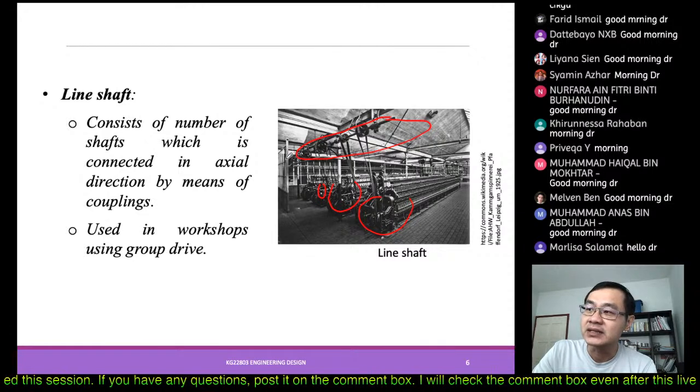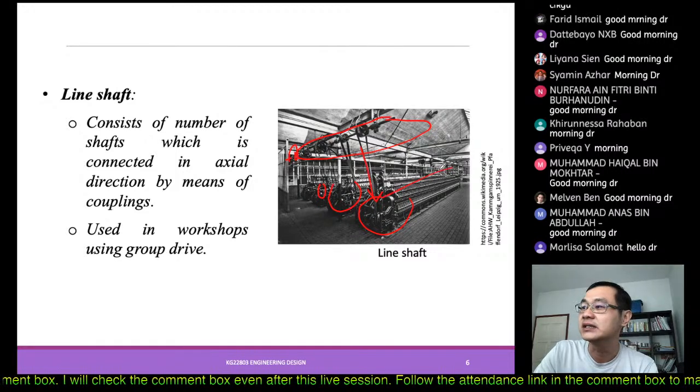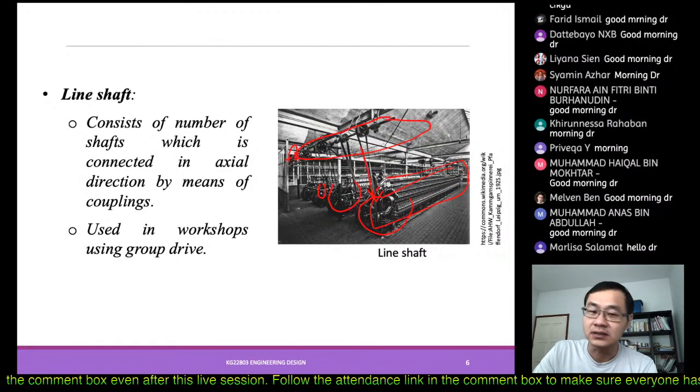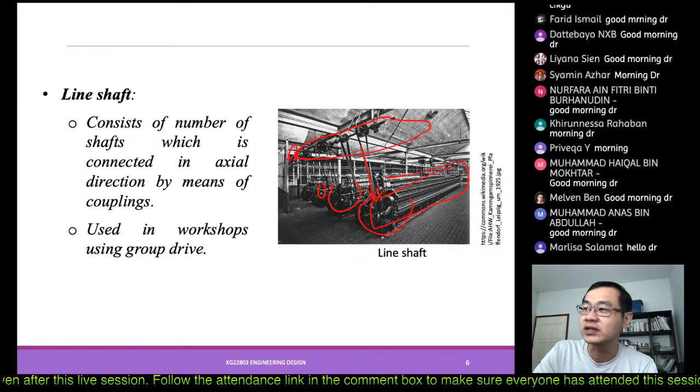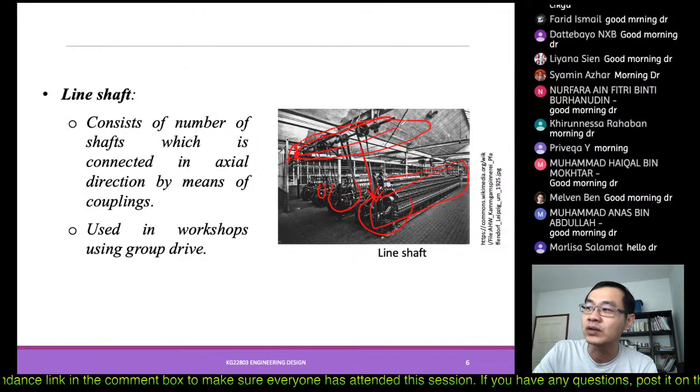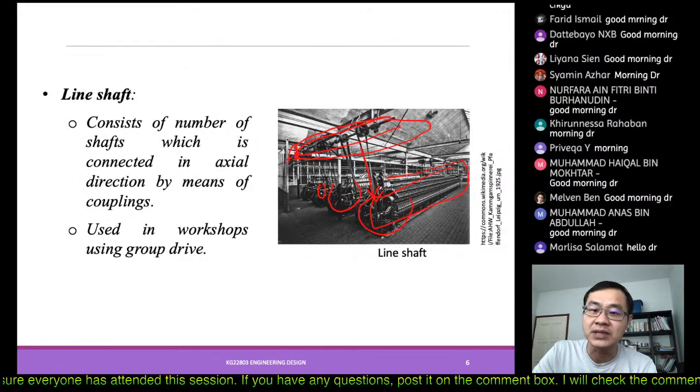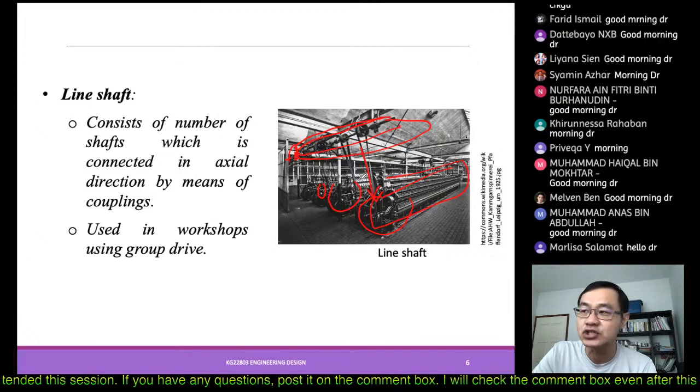This line shaft delivers rotations, and these rotations are transmitted to the work, or the machine itself. Along the way, every machine that receives the rotations will run in the same, synchronous way.